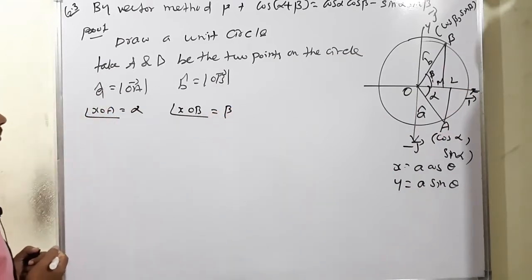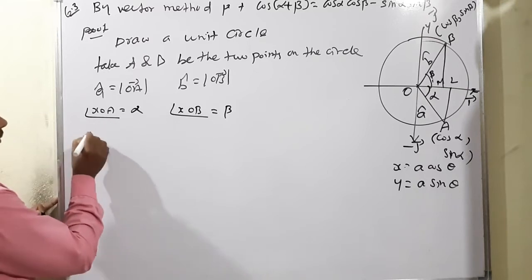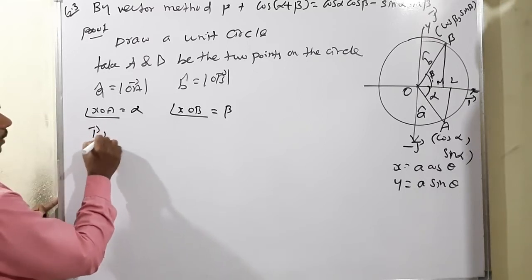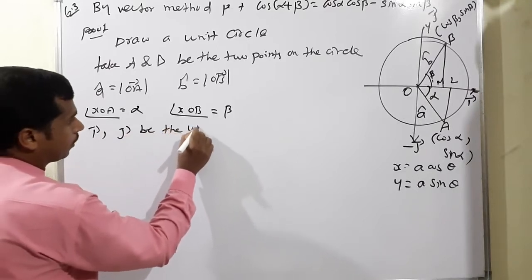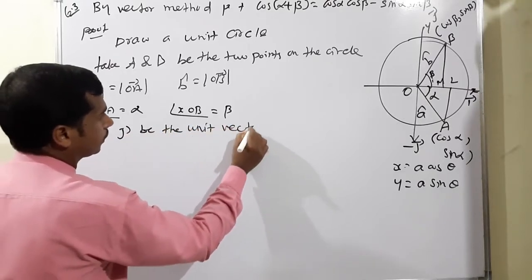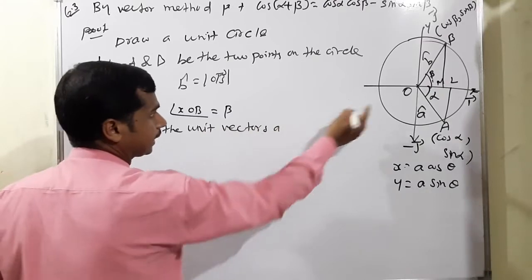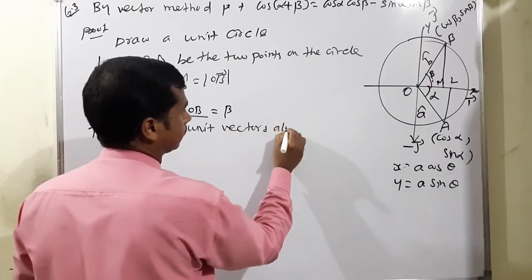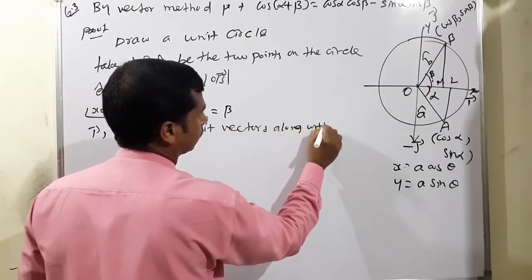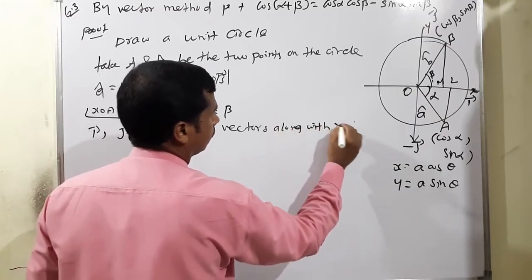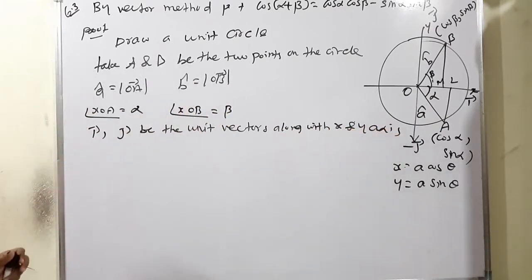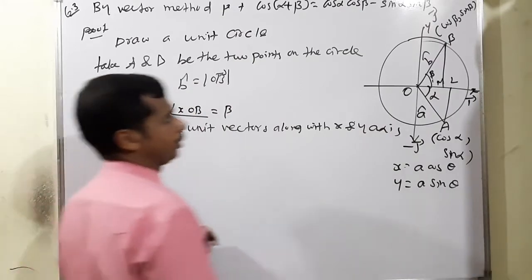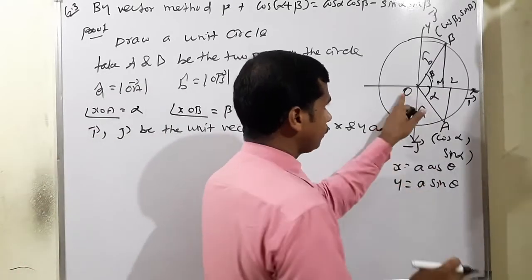Now look at the condition: i vector, j vector are the unit vectors along the x-axis and y-axis, isn't it? Now the first one, OA vector.